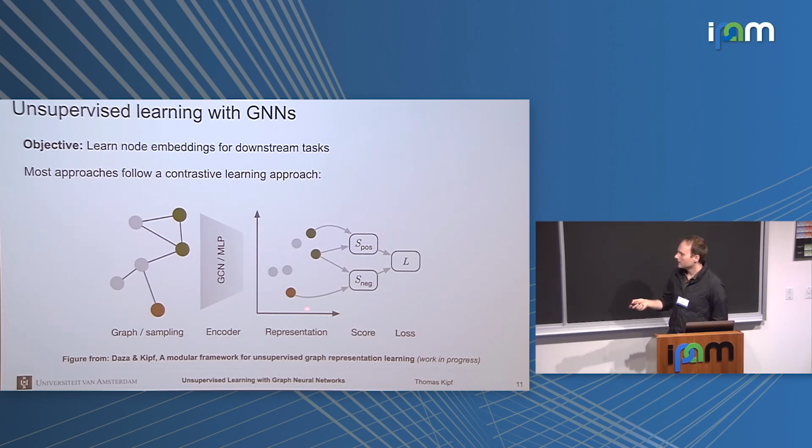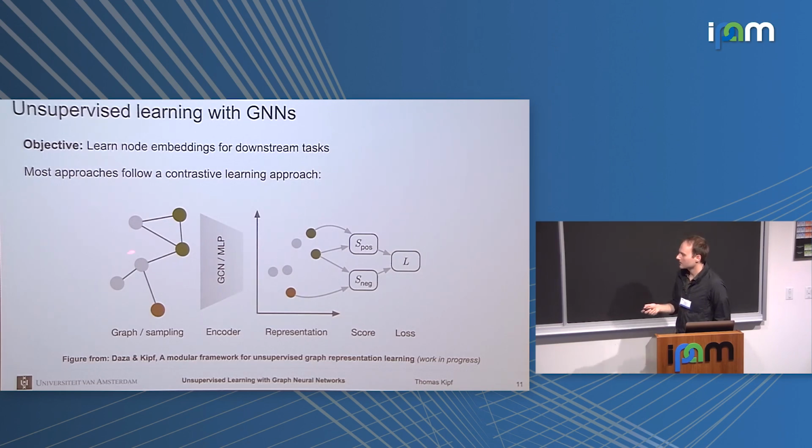And then later, you have to score pairs in this embedding space. Pairs should be scored as positive if they're connected in the original graph, and as negative if they're not connected. The negative component here would be sampling. You would sample some negatives because you usually have many more negatives than positives.